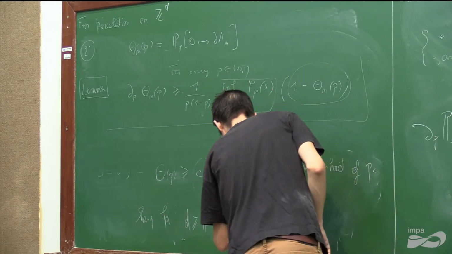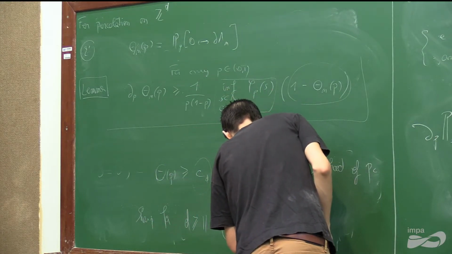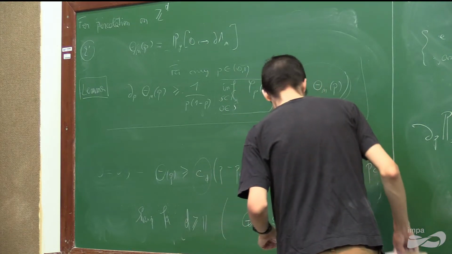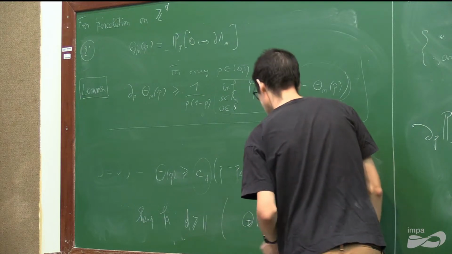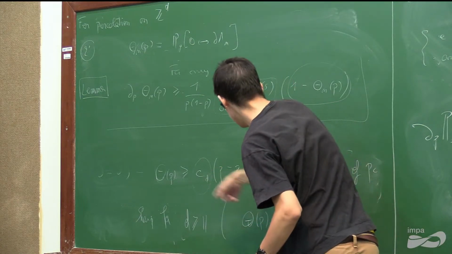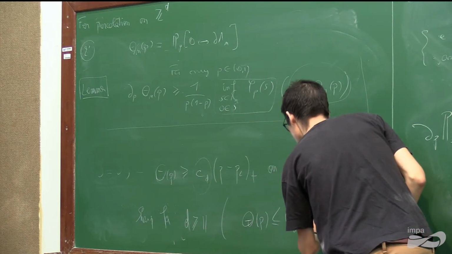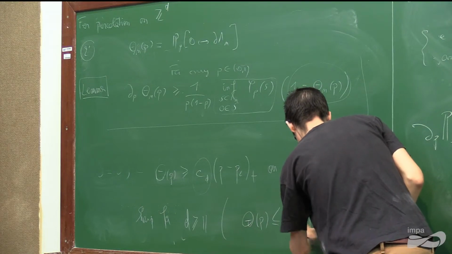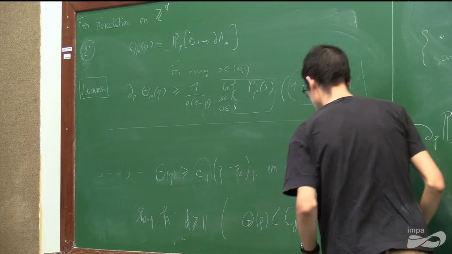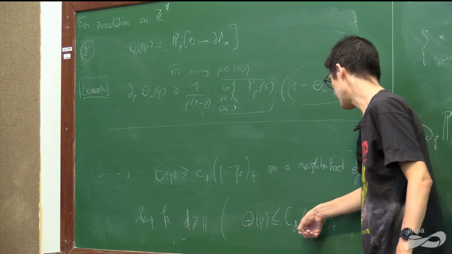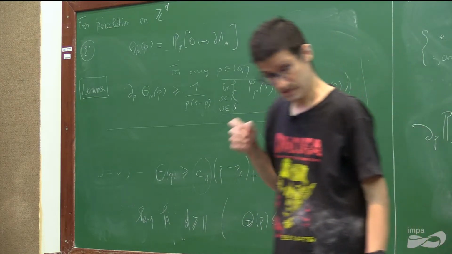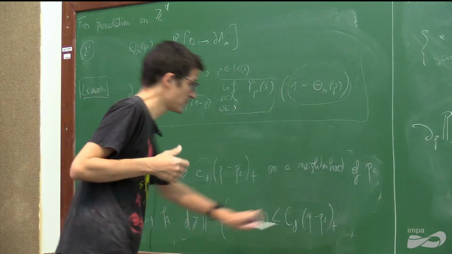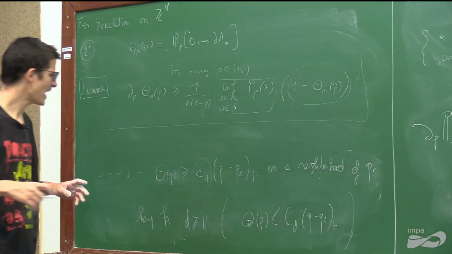So there is a small c_d and a large C_d, and you can find a large constant such that theta p is smaller than C_d times p minus pc, plus.